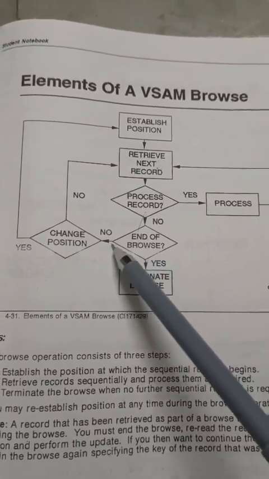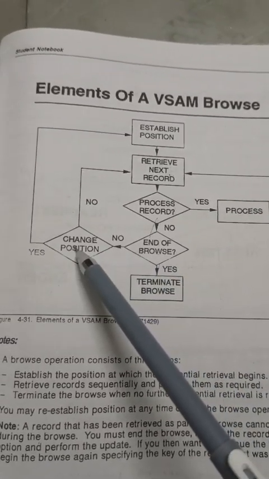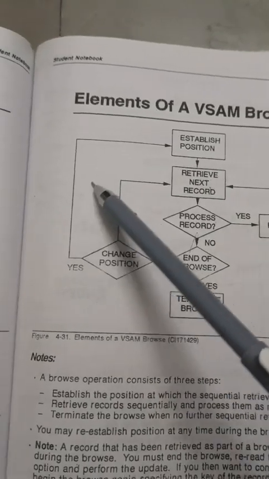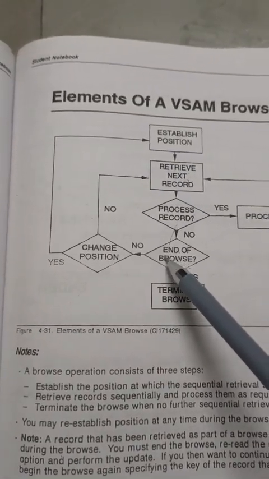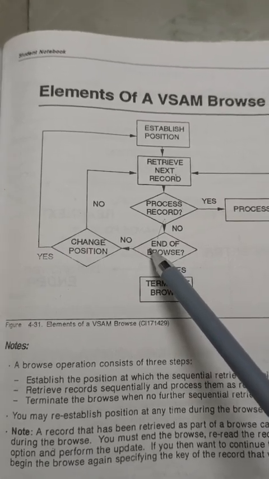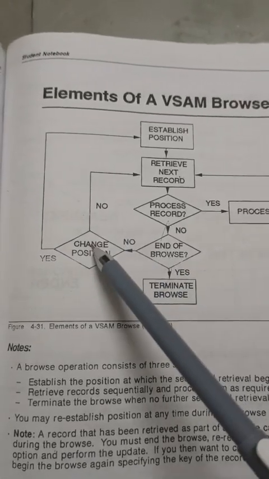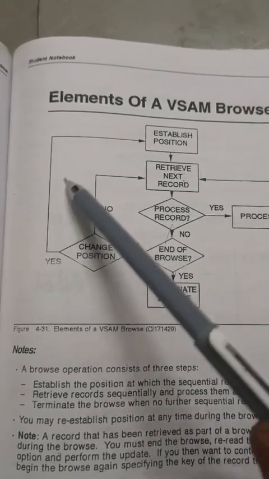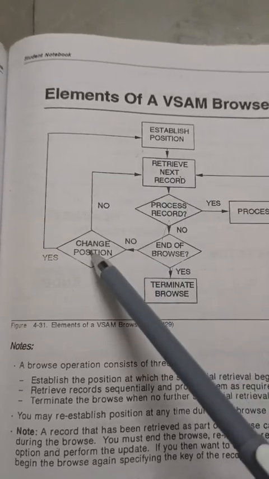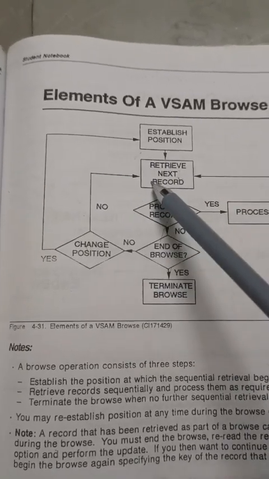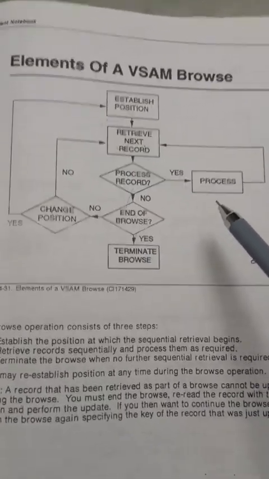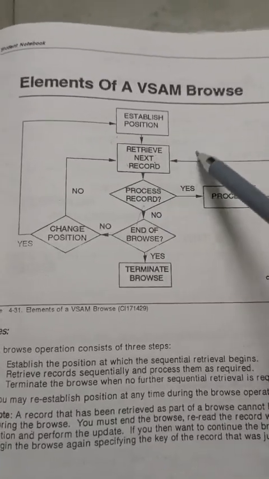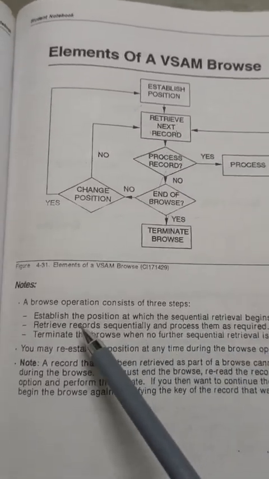If you want to continue the browse without changing the position, just retrieve with the read next command. Only if you are changing the position do you have to establish the position again. This is how the VSAM browse works.